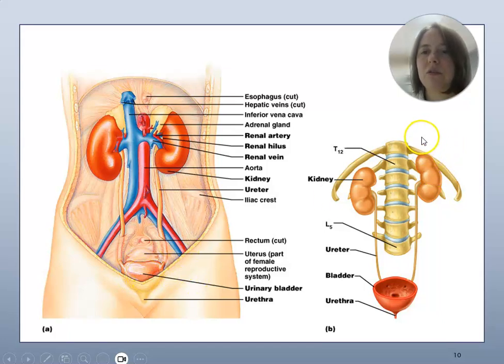Here's a simplified view. Your left one is a little higher than your right kidney, and they are on by T12, and then L1, 2, and 3. And then the kidneys sit there, and the ureters empty into the bladder, and then the bladder empties out into the outside world by the urethra.